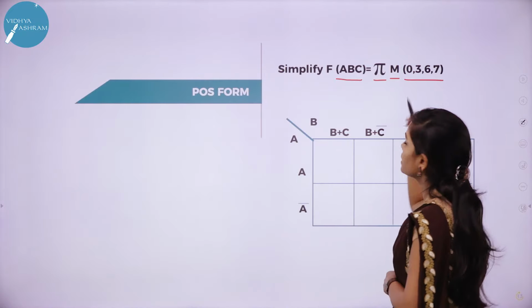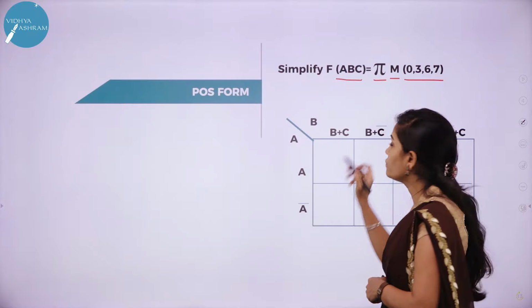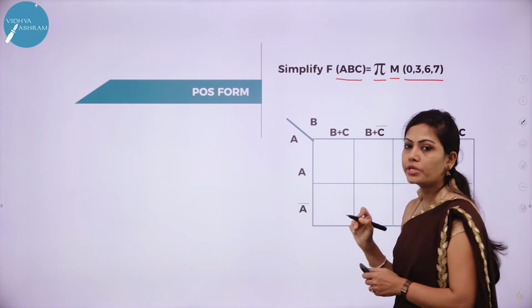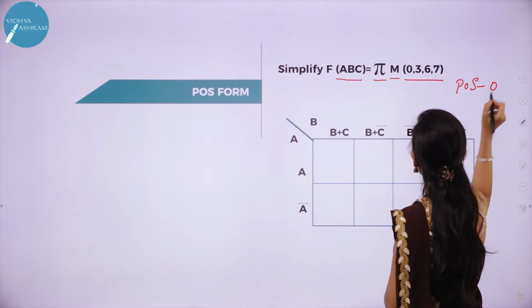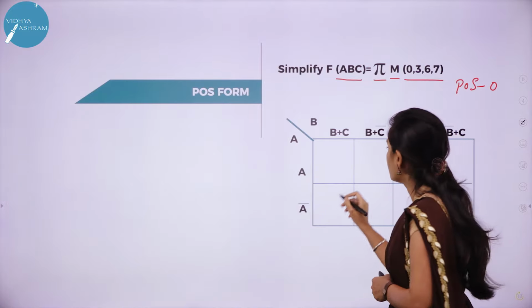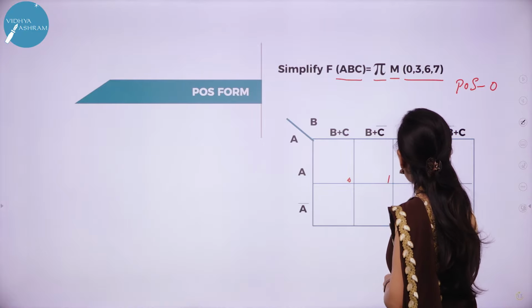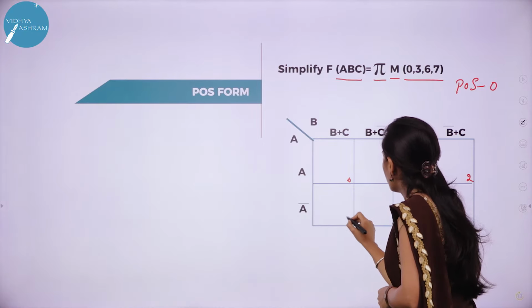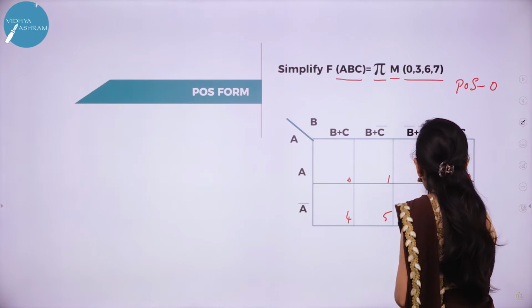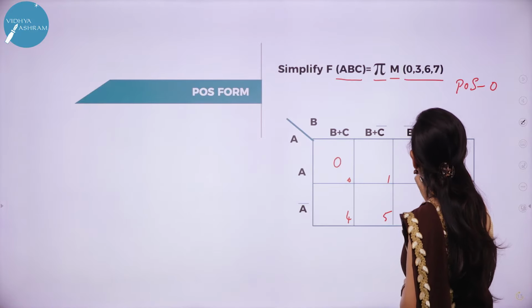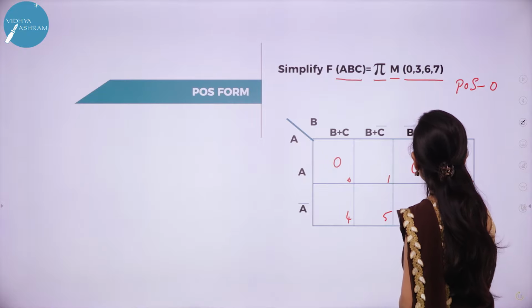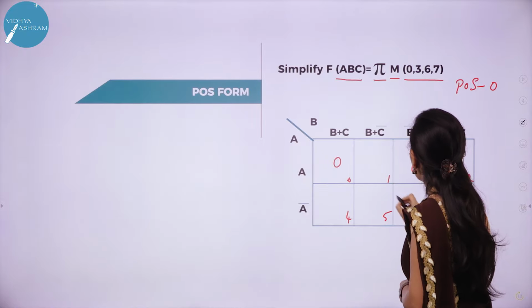In place of 0, 3, 6, 7 put 0. In POS you have to put 0 in these blocks. So designations 0, 1, 2, 3, 4, 5, 6, 7. So 0, 3, 6 and 7.